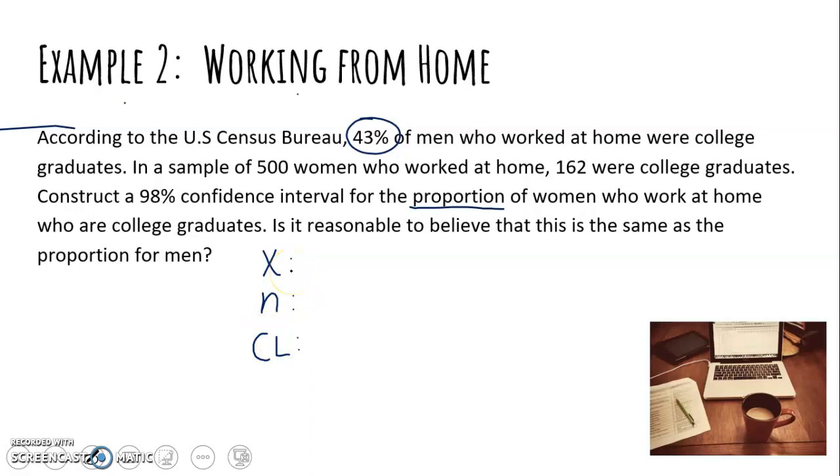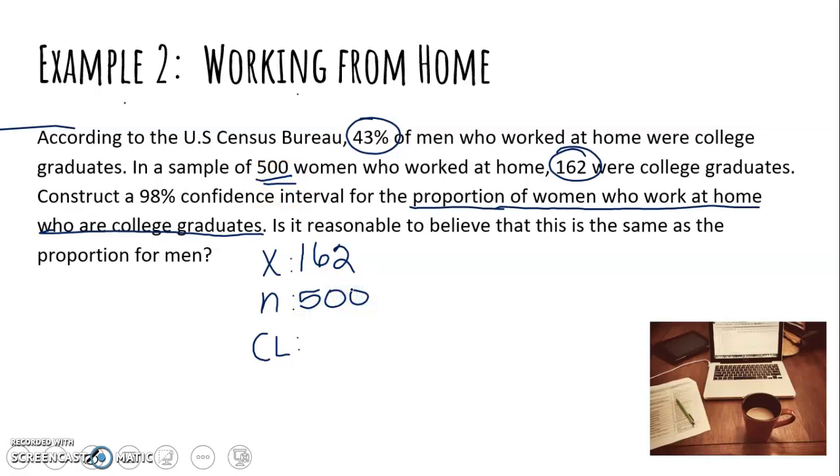So X is the number of people with the desired response. So what are we finding the proportion of? It's the proportion of women who work at home who were college graduates. So how many women who work at home were college graduates? 162. N is the total sample. That's 500.